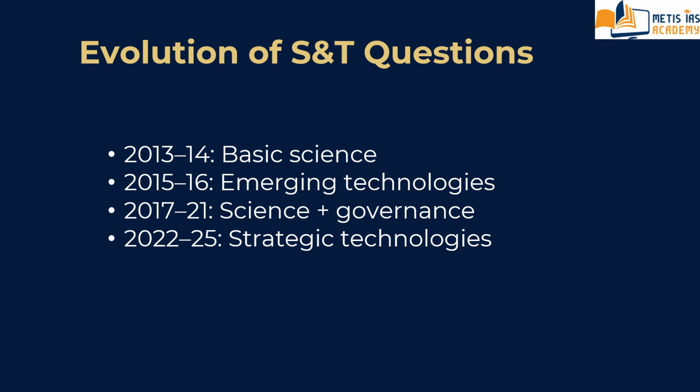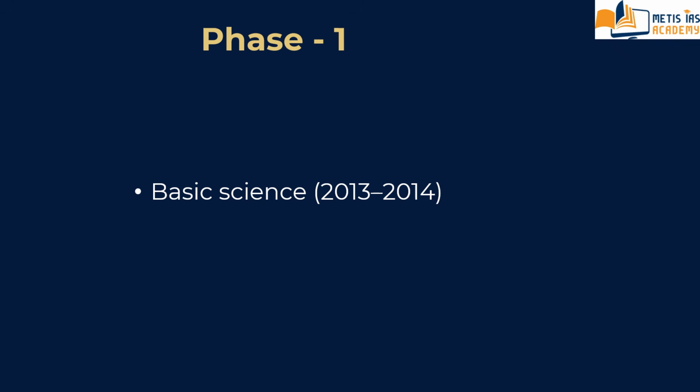They were mostly factual, basic science. For example, which satellite was launched by ISRO, or which element is used in nuclear reactors. But modern science and technology questions look very different.